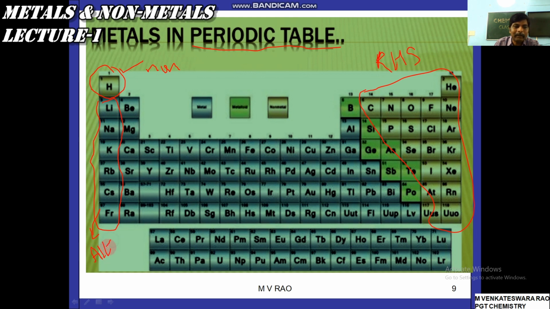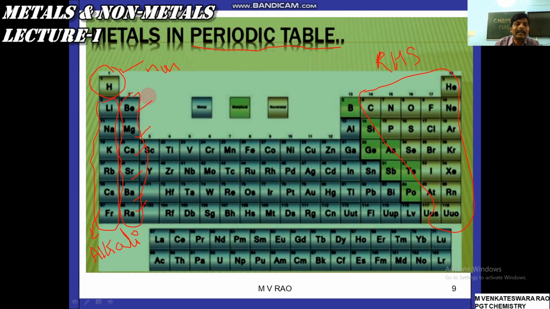These metals have another name. That name is alkali metals. What are alkali metals? Lithium, sodium, potassium, rubidium, cesium, francium. Like this, the next group is called the second group elements: beryllium, magnesium, calcium, strontium, barium, radium.